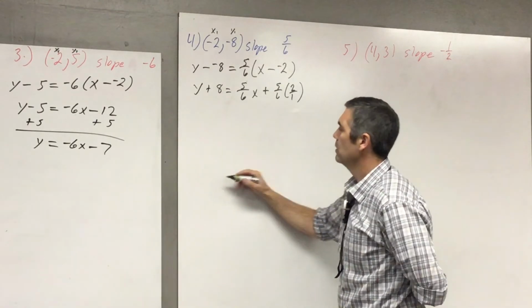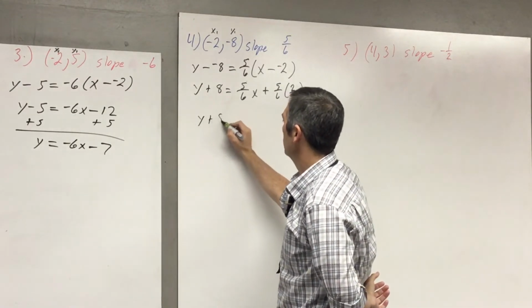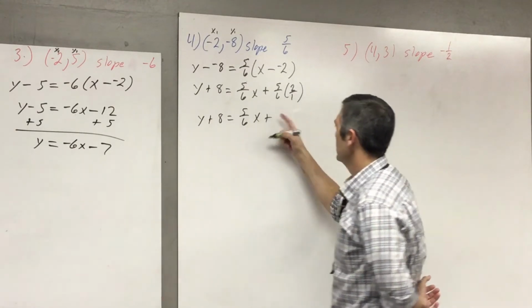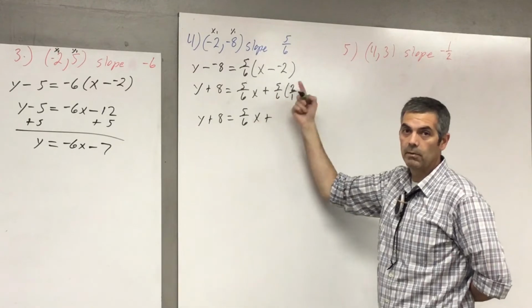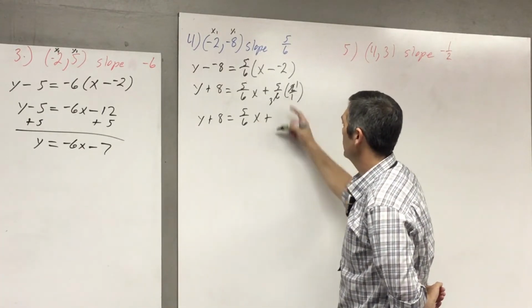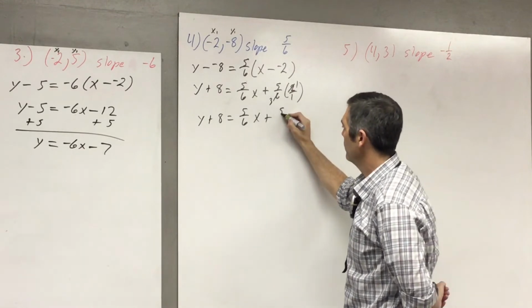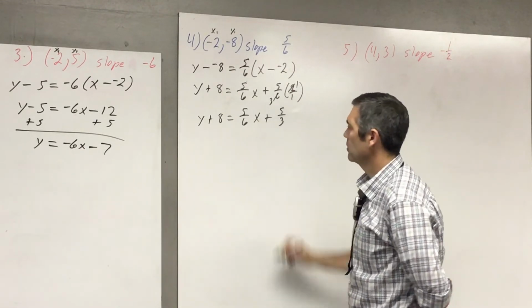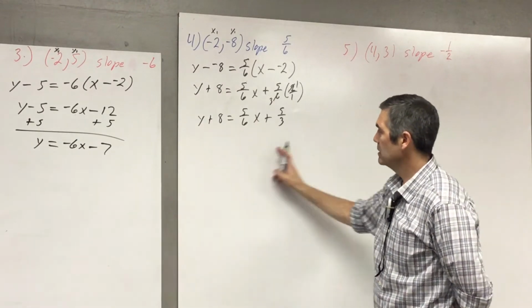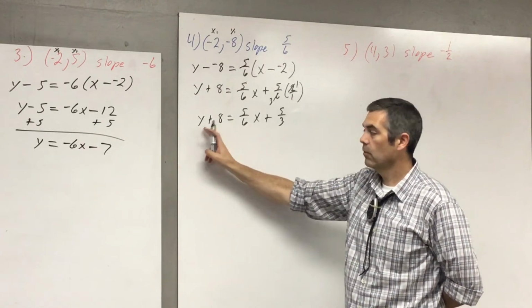Right? Okay, so y plus 8 equals 5/6 x plus, and here, I'm going to cross cancel right here, make it a little bit easier on us. This becomes 3, this becomes 1, 5 times 1 gets me 5, 3 times 1 gets me 3. So far so good. Now, I need to move the 8 to this side, because we're solving for y.